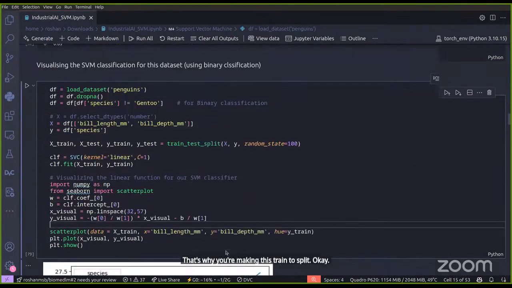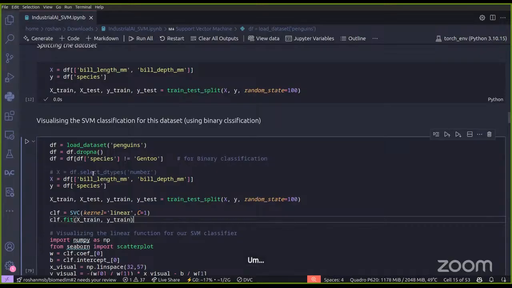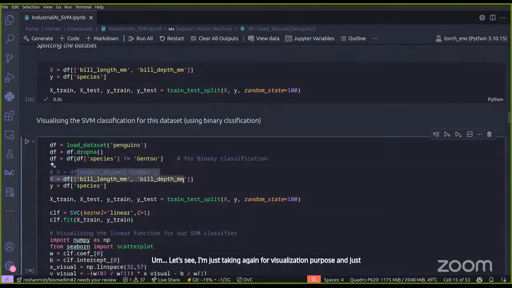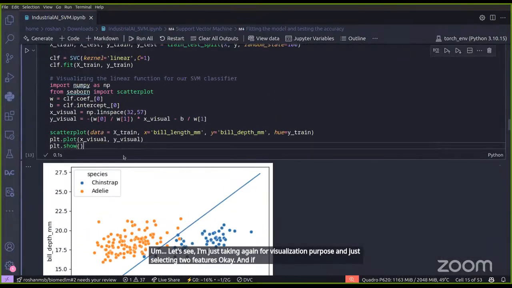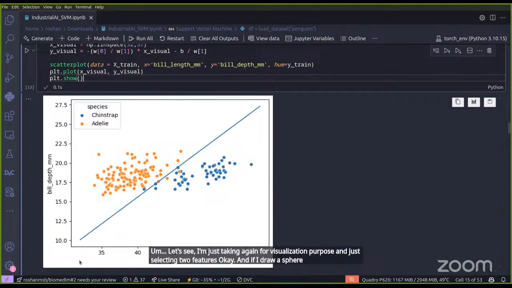Let's see. I'm just taking again for visualization purpose, just selecting 2 features. Okay. And if I draw an SVM, this is my line. This is my maximum margin separating hyperplane. Do you think this is good?